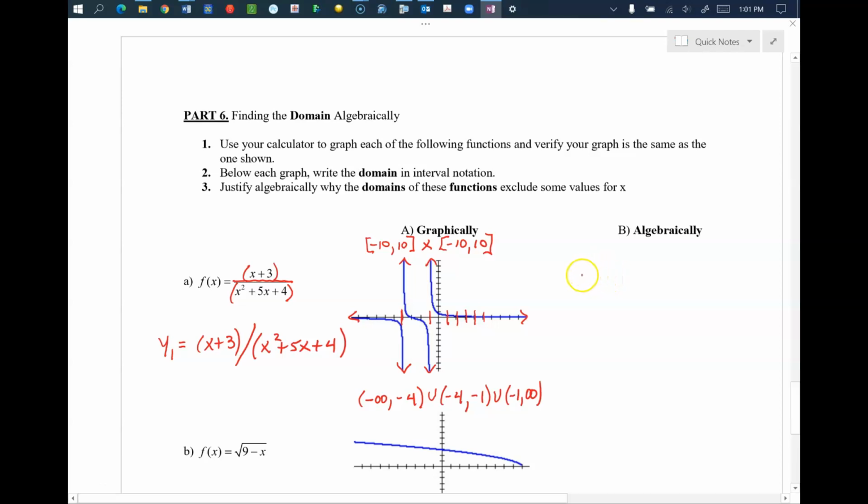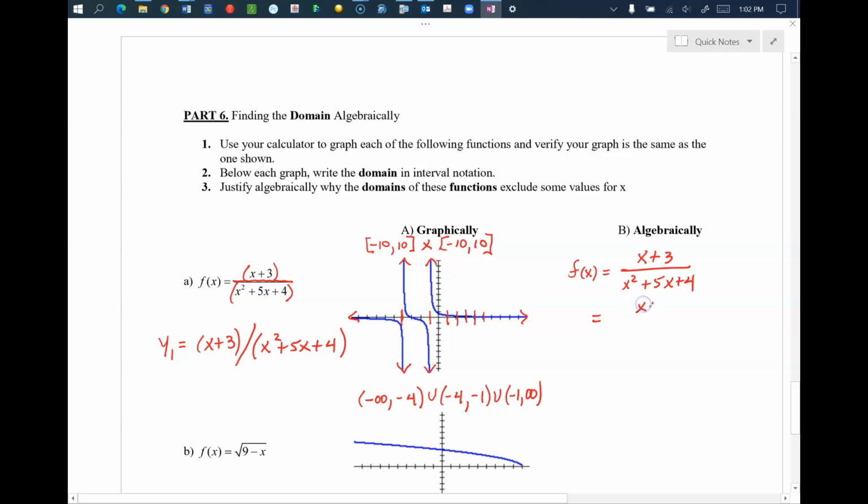If you write this function out algebraically and take a close look at it, x plus 3 in the numerator, x squared plus 5x plus 4 in the denominator, it's not obvious just by looking at it in its current form that we've got some strange things going on at -4 and -1.